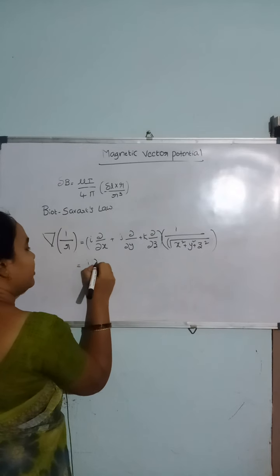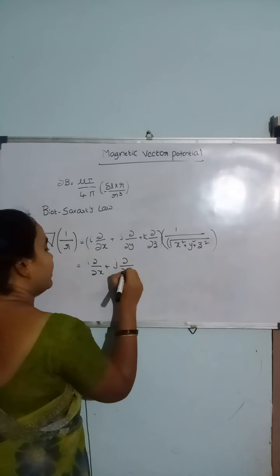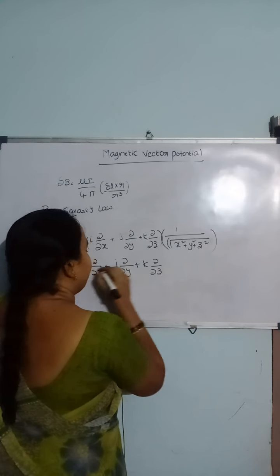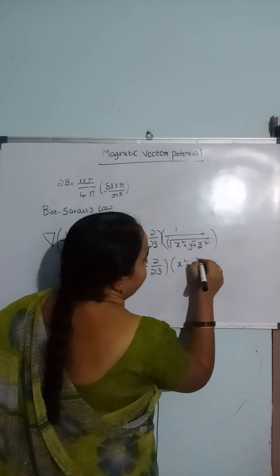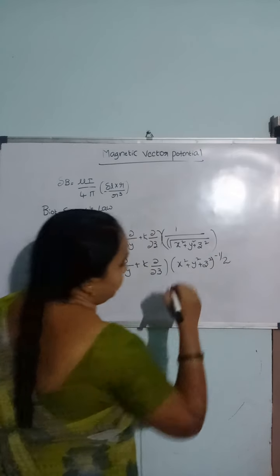This is i dou by dou x plus j dou by dou y plus k dou by dou z of x square plus y square plus z square whole power minus 1 by 2.